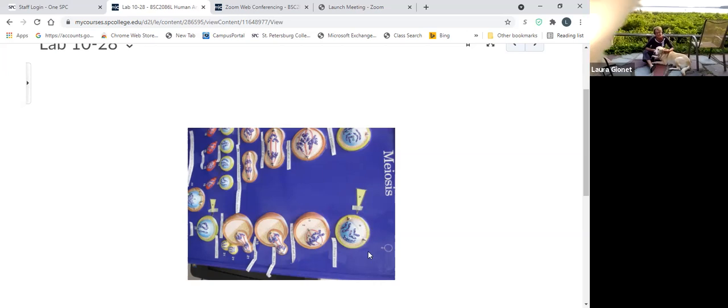But the difference between males and females is that at the end of meiosis 1, we have one secondary oocyte and one polar body. So what happens is that instead of having, like males do, equal cytokinesis, equal division of all the organelles in the cytoplasm, so that you produce two essentially mirror image cells, so to speak.